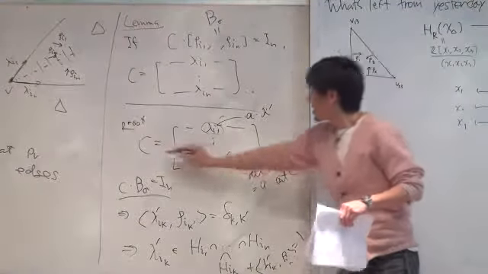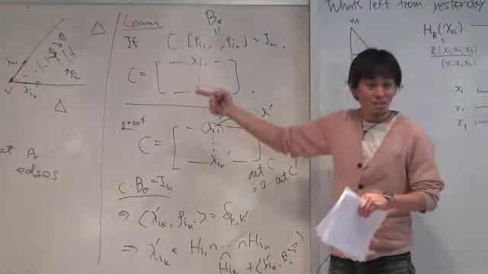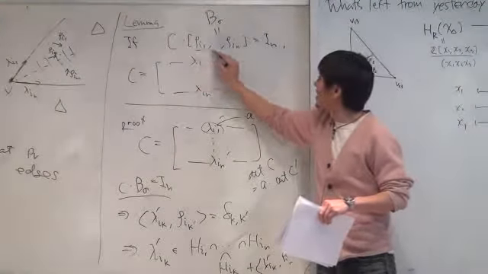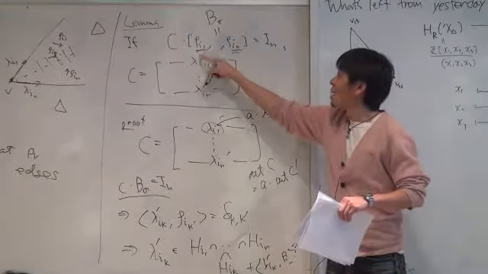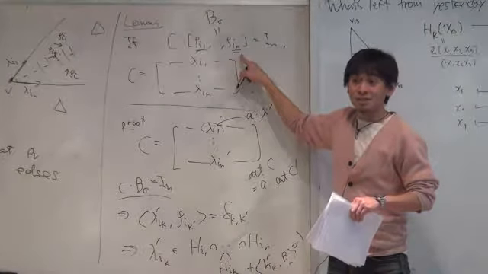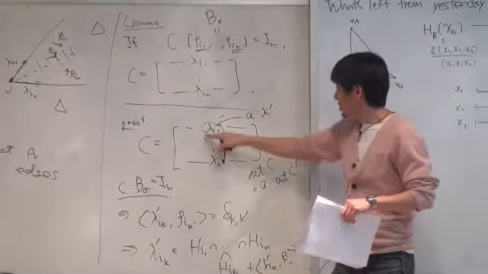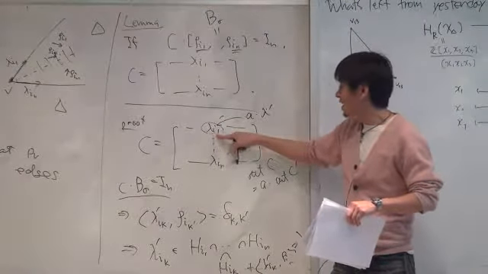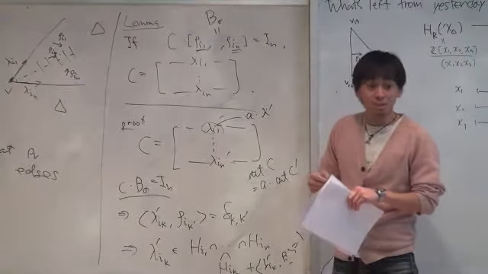But C is invertible with the Z coefficients, right? Because these form a basis of the rank n lattice. So that tells you this lambda I1, all these row vectors must be primitive.